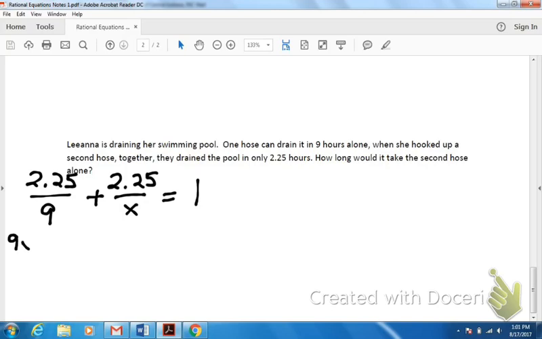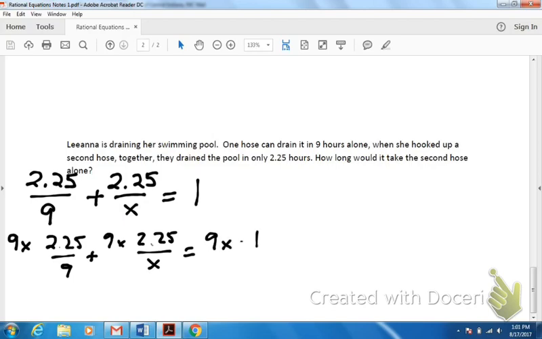I'm doing 9x times this plus 9x times the 2.25 over x equals 9x times 1.